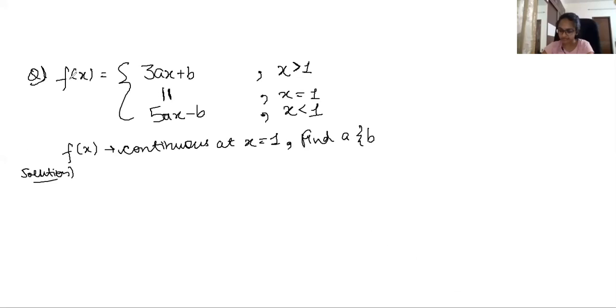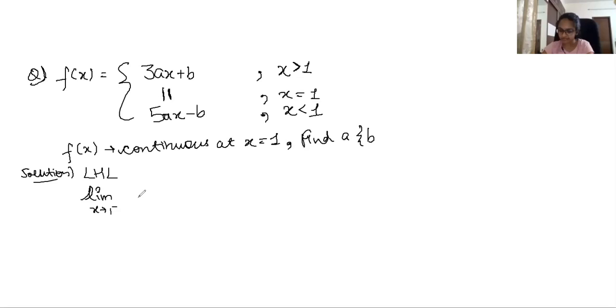Okay, so in this question, as I already told you, we have to find LHL and RHL. The limit will obviously be at 1, but for LHL we'll write 1 minus. Which function will we write over here?